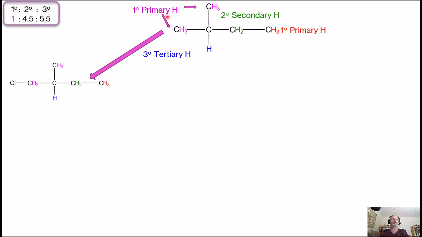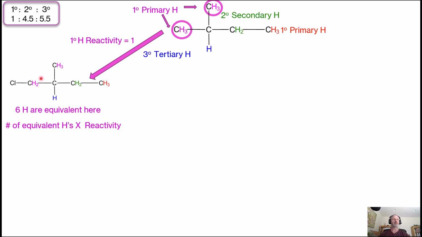So our primary position here, if we take off one of those H's and put a chlorine, we're going to get this as our product. Now if we look here, we can see that there are 6 hydrogens in total that are equivalent. Taking any one of those hydrogens off and replacing it with a chlorine will give us this molecule, which is 1-chloro-2-methylbutane.